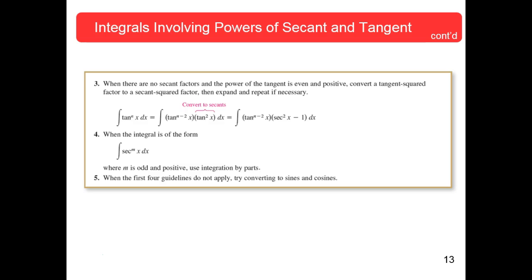Okay? No, I'm sorry. It is a derivative of secant, but they say convert. Back off a moment here. This, I think, is the one that you want to convert to secants.